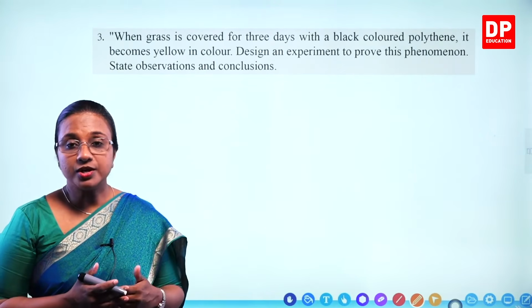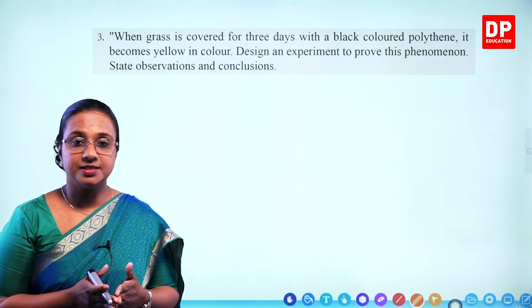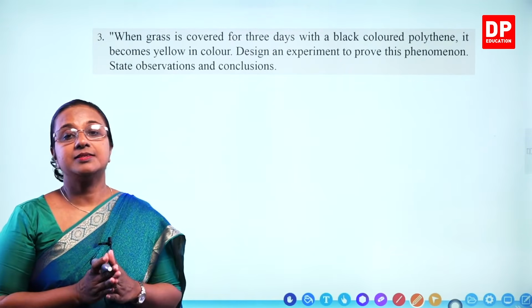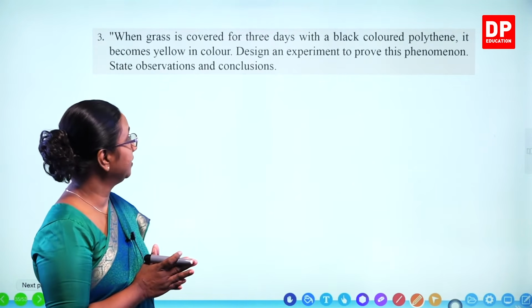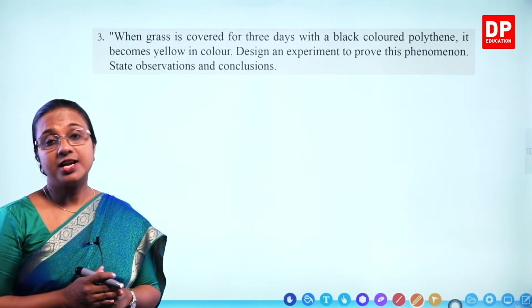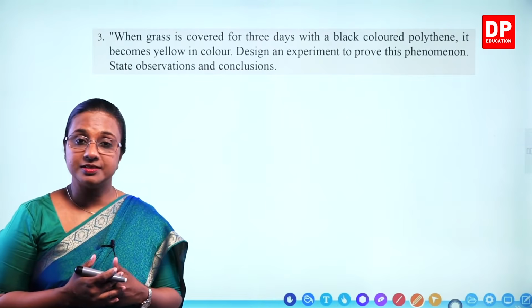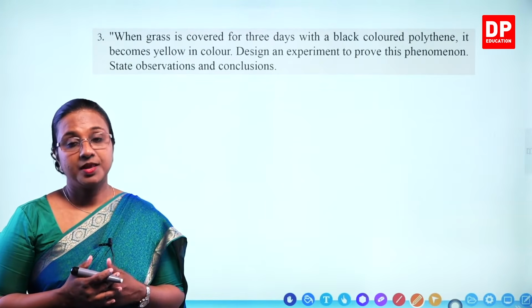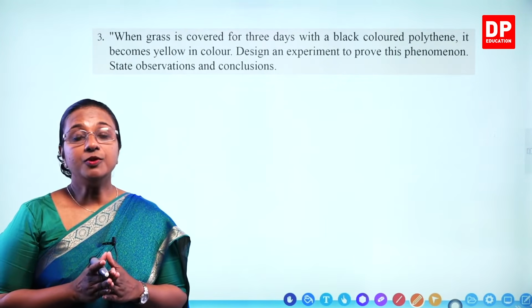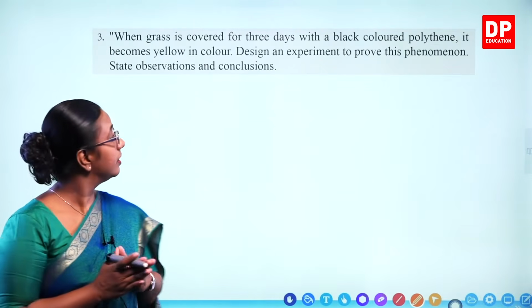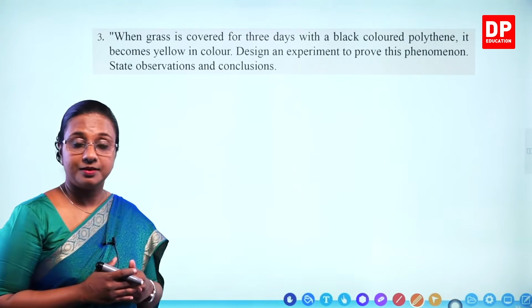When light falls on it, they do photosynthesis. But when it is covered with black color polythene, there is no sunlight falling, so therefore there is no photosynthesis taking place. Therefore, they turn brown in color or yellow in color.